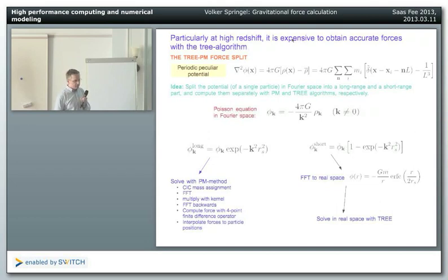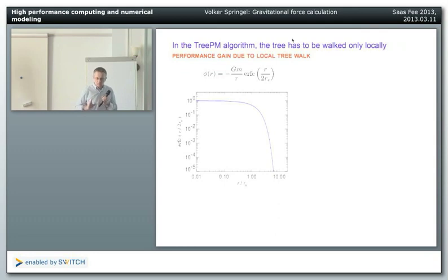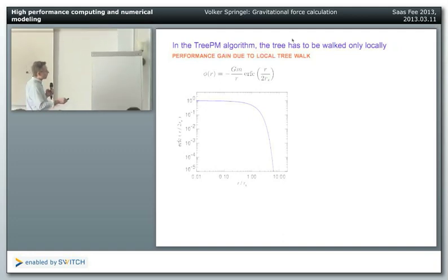So if r is small against Rs, it's just 1. And then for large scales, it suddenly makes a nosedive and drops really sharply to 0. Right? So this is a finite range gravity, what you have here, in real space. And this is the idea that we can solve this in the tree. So this is how this complementary error function looks. We have this Newtonian potential modified with this thing.